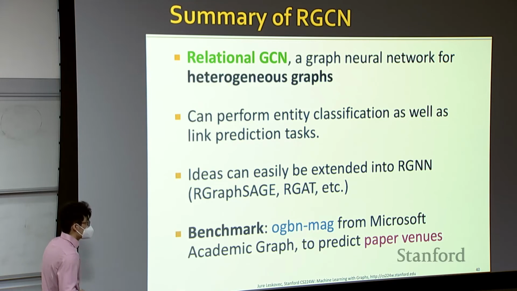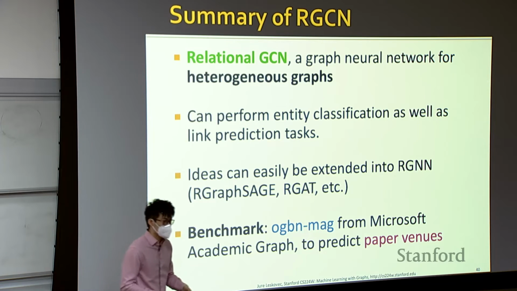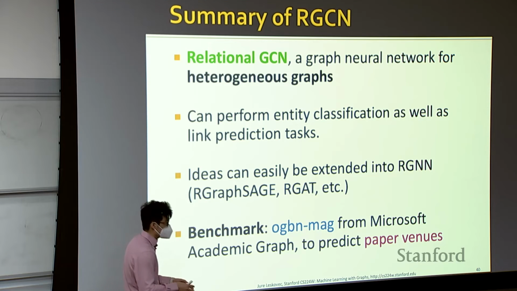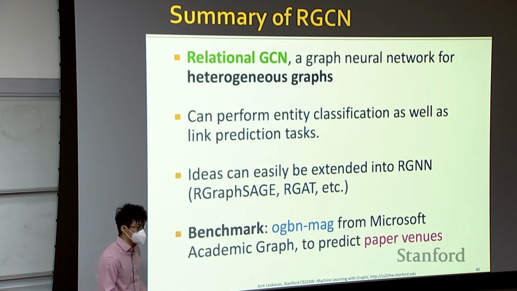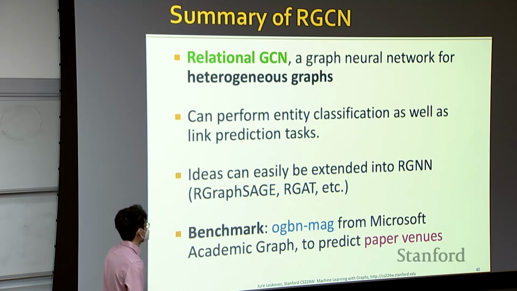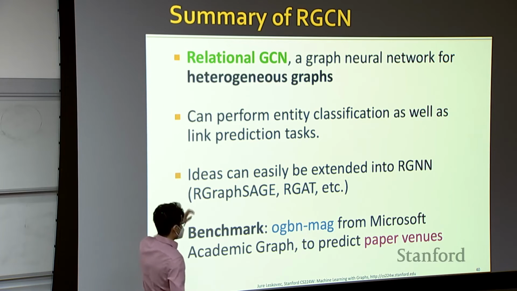So to summarize, we have talked about the major technical component of this lecture, which is RGCN. The idea is that we can assign different weight matrices for different types of relations, and this way we can extend GCN to relational GCN. And this method is pretty general.